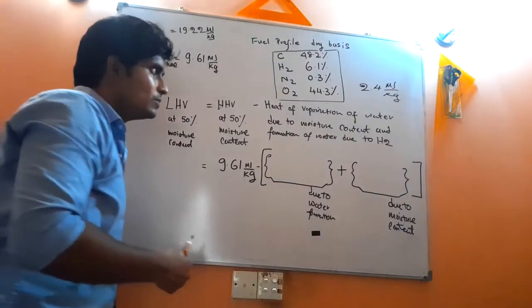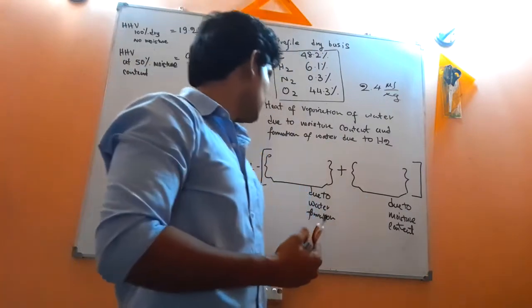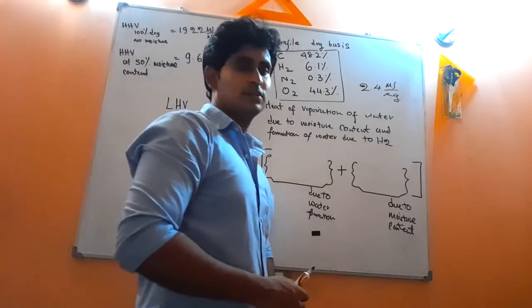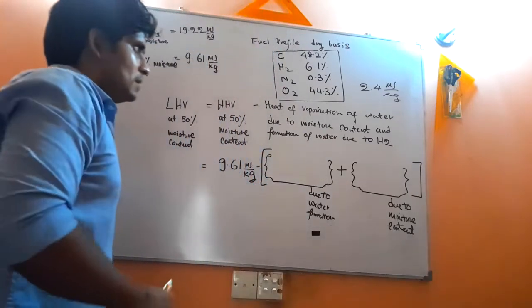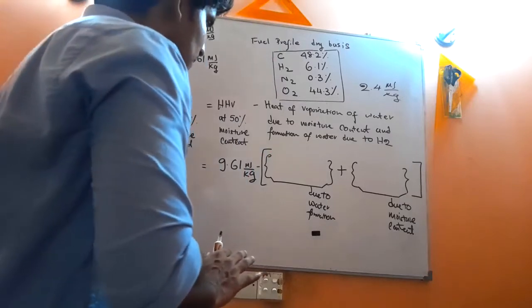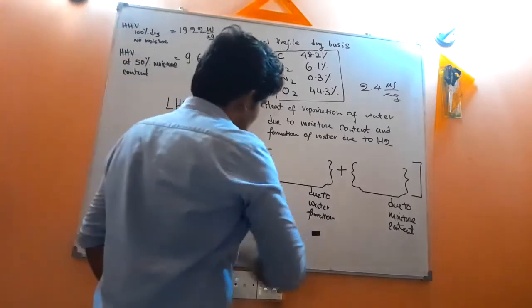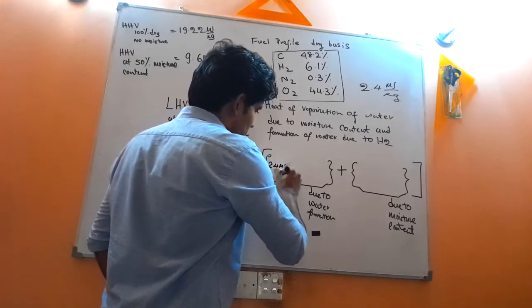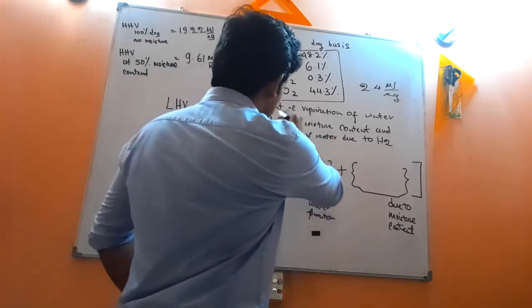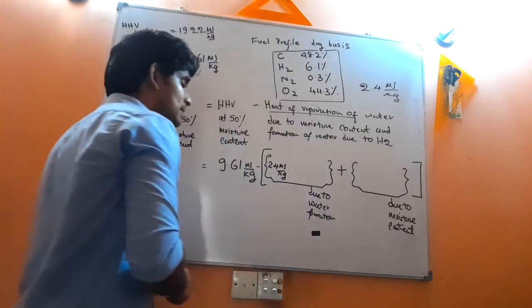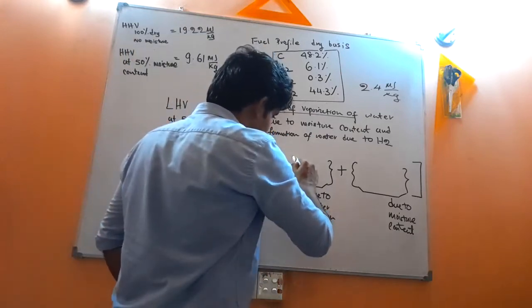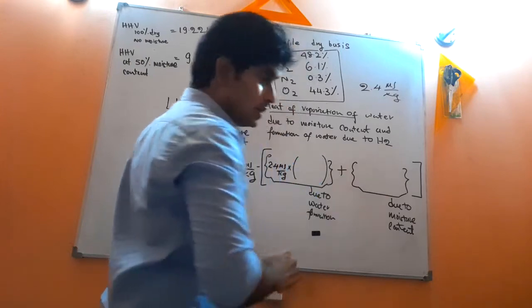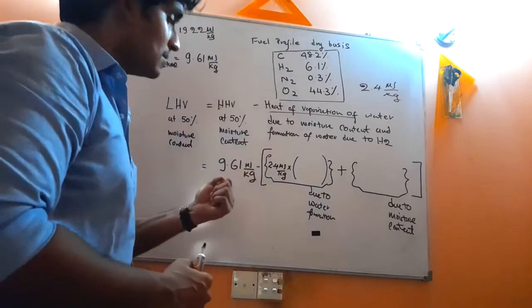Now we need to evaluate the individual amount of water that is formed and the individual amount of water based on the moisture content. All right, so first of all, we have to consider 2.4 megajoules per kilogram of heat of vaporization of water. Then you have to multiply that by the exact mass of water.